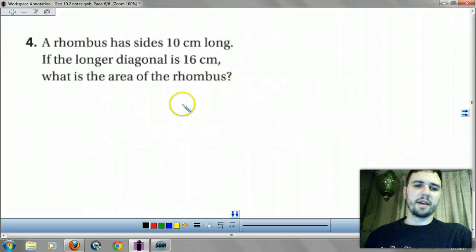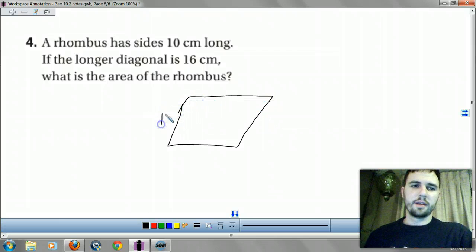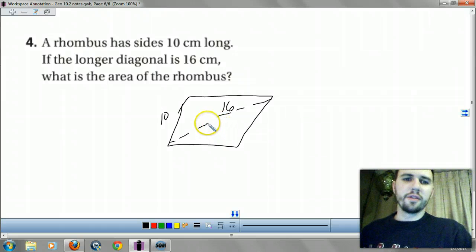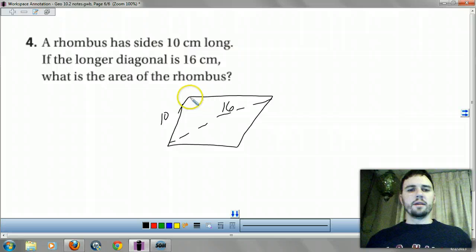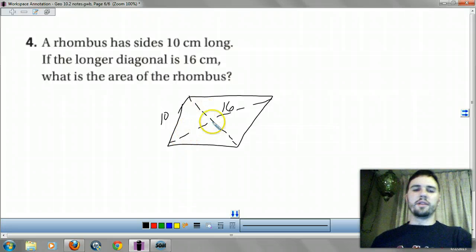A rhombus has sides that are 10 centimeters long. Its longer diagonal is 16. Find the area of the rhombus. So we need to find this other diagonal.